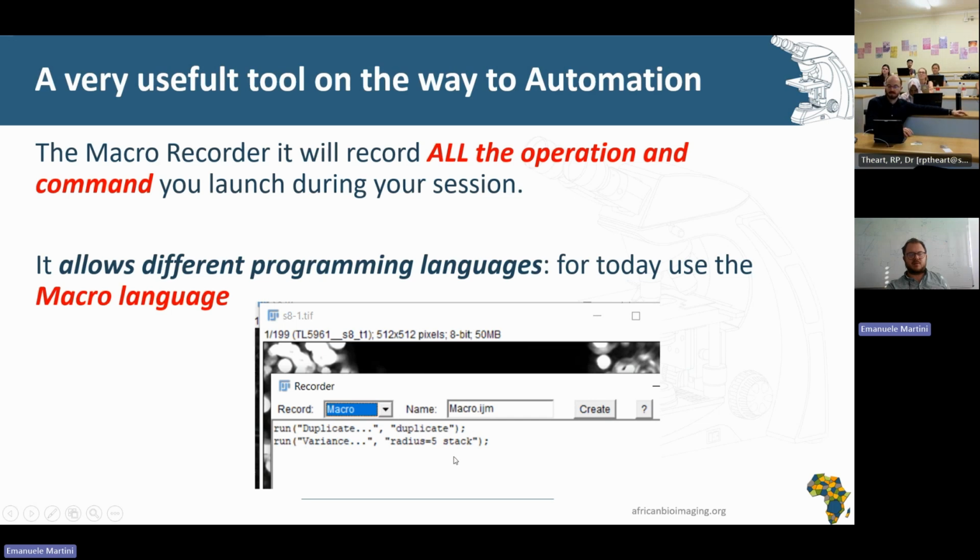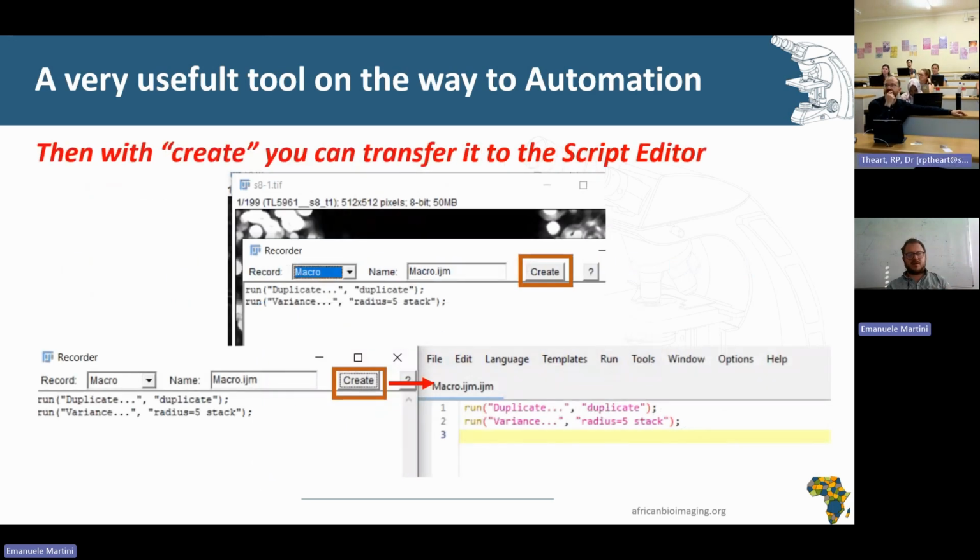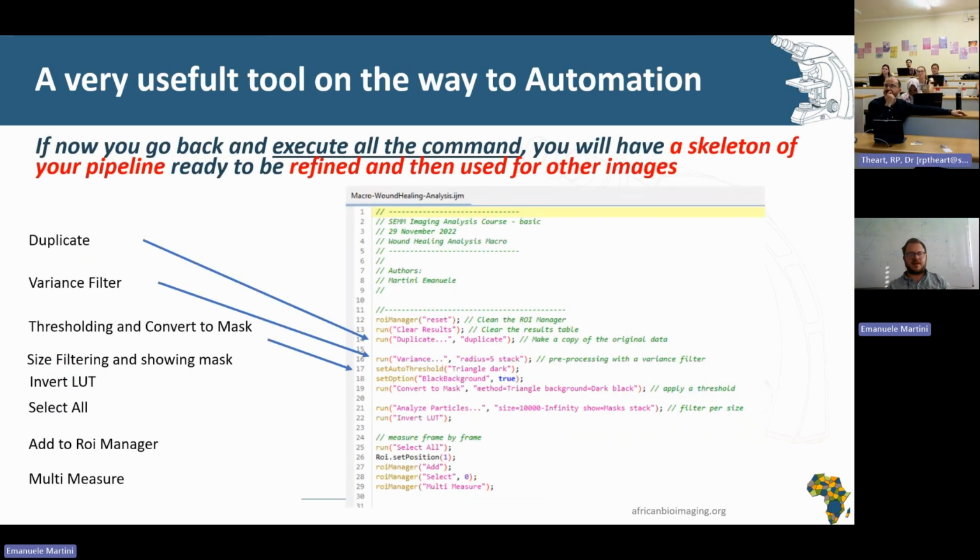It says that it analyzed the whole stack, and then you can do it for all the steps we have done. So you can create your script, and you will obtain something like that: we do the duplication, we apply the variance, we convert to a mask, we analyze the particles, we do the multi-measure, and so on.